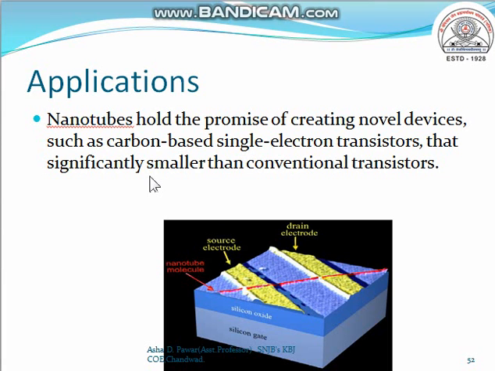It is one of the allotropes of carbon, and depending upon size they can be separated.